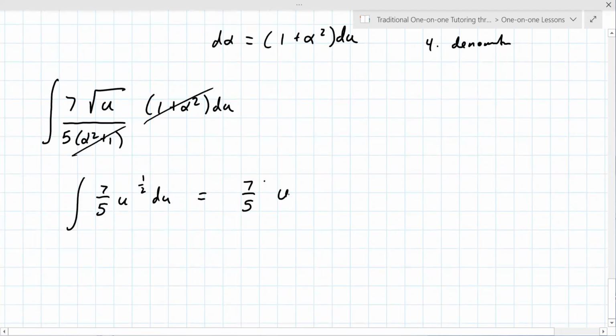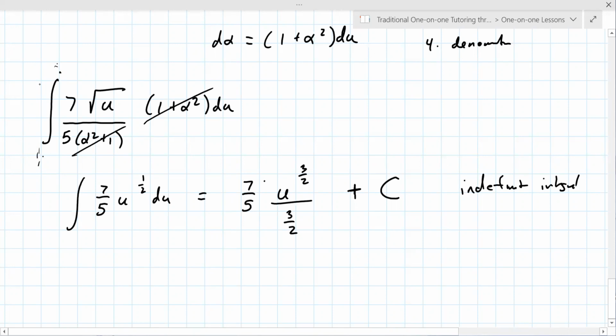So you add 1 to the exponent, 3/2, and you divide by the new exponent, 3/2, plus c because it's an indefinite integral. There's no upper and lower bound, right? So that's really important. And then you simplify here. It's 2/3 times 7/5. Then you need to back substitute your u.